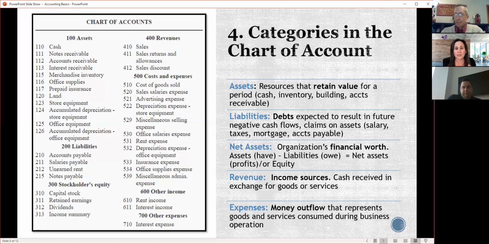This is how our companies make money, whether it's in exchange for goods or services, or revenue could also be investments that we might have in our financial portfolio as well. And then the last one is expenses, because we have to spend money in order to make money. The expenses are the things associated with making the widgets that we're selling or the services that we're providing. And so that's another category that we try to track information in. So that's the chart of accounts.